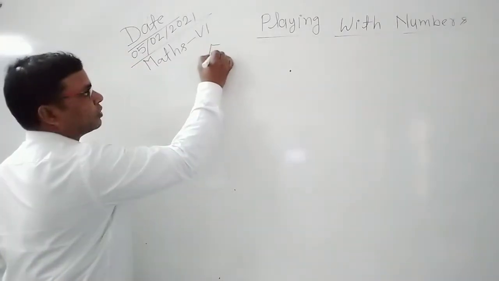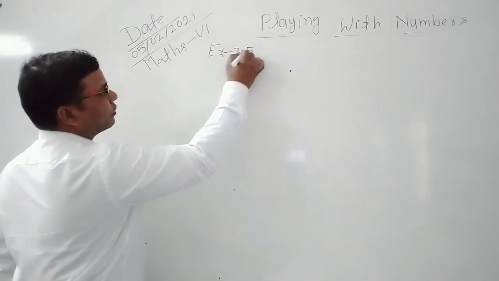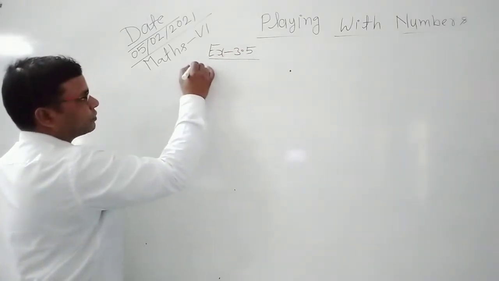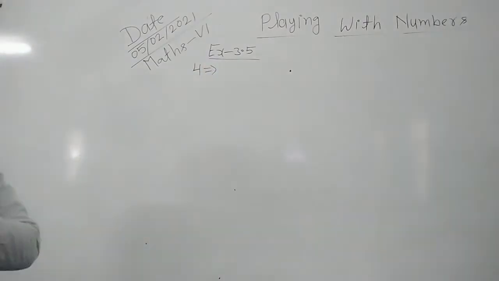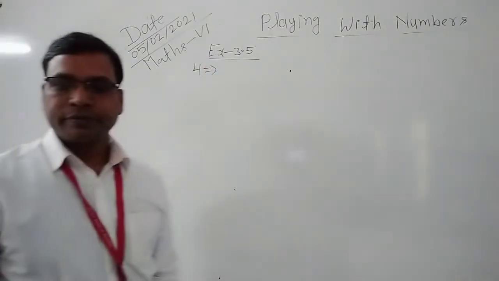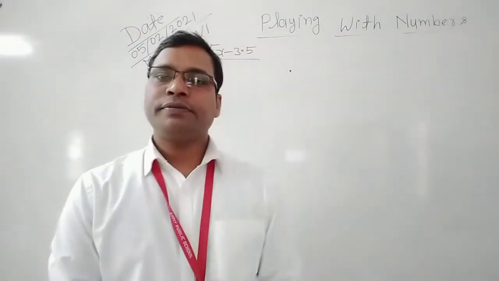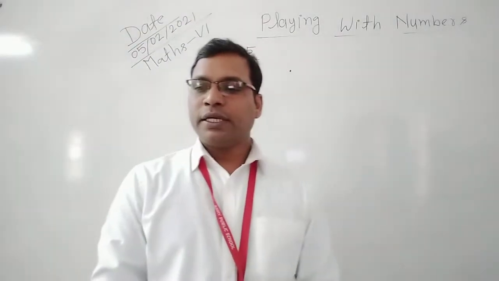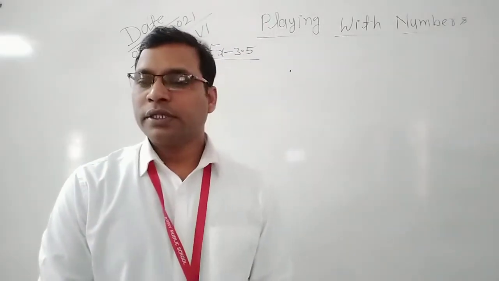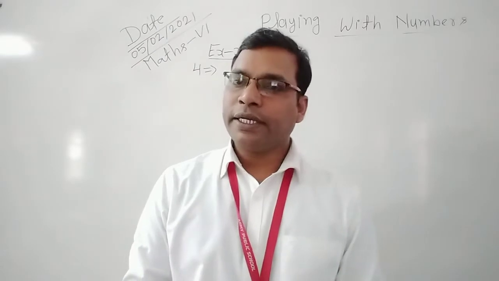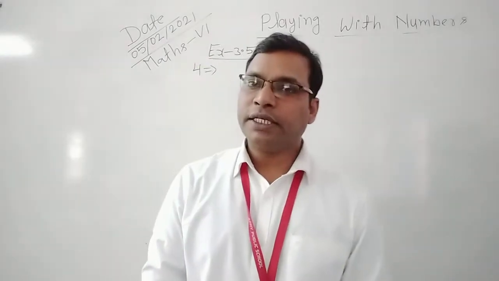Today we are going to discuss chapter 3, Playing with Numbers, exercise 3.5, question number 4. Question number 4 says: in a morning walk, 3 persons step off together. Their steps measure 80 centimeters, 85 centimeters and 90 centimeters respectively.